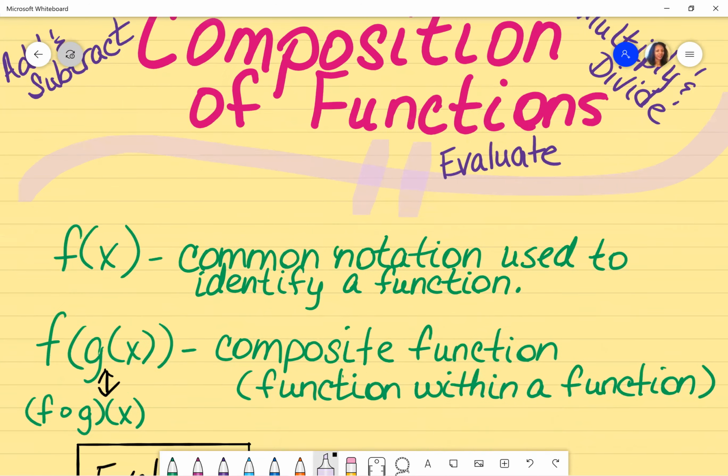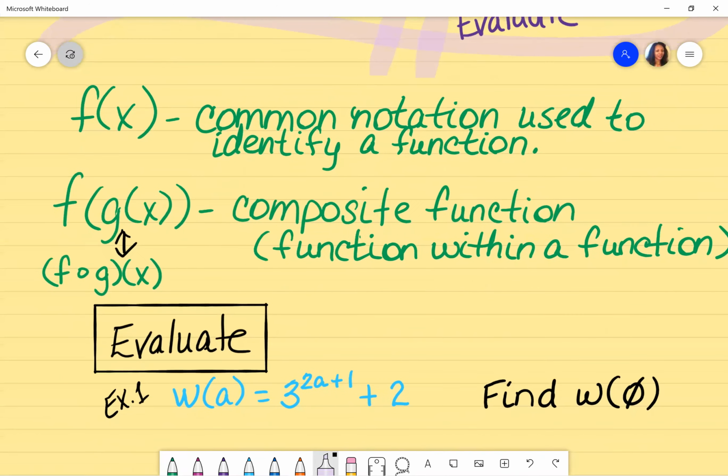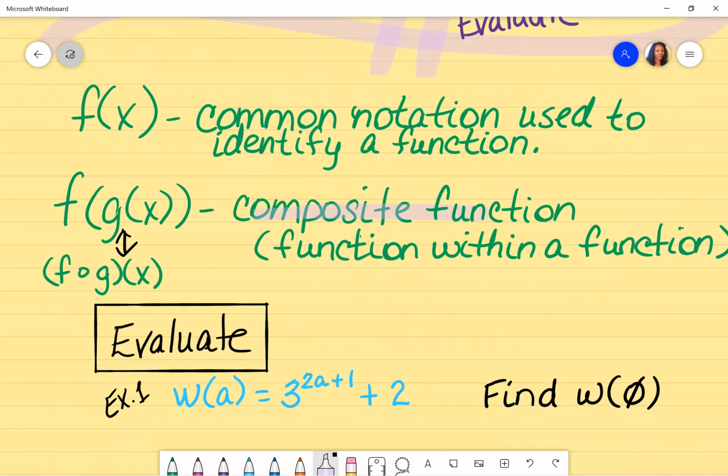If you have a function within a function, as I stated in another video, that's referred to as a composite function. And so the way it could possibly look is f of g of x, where g of x is inside of f of x. So a function within a function.